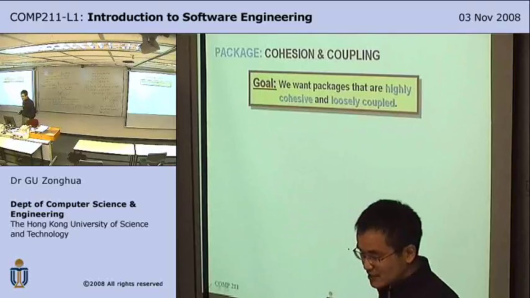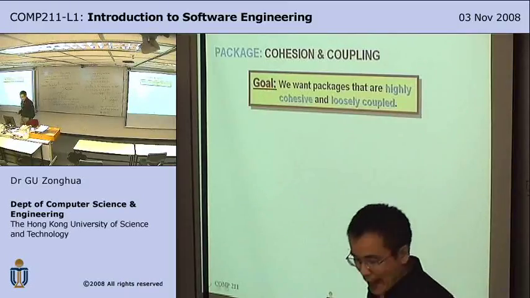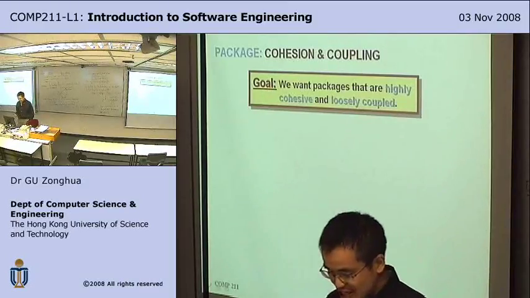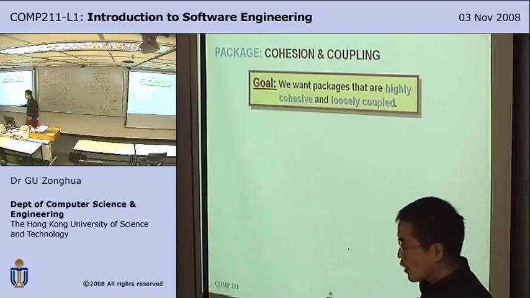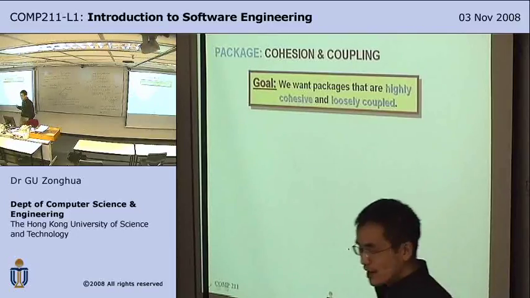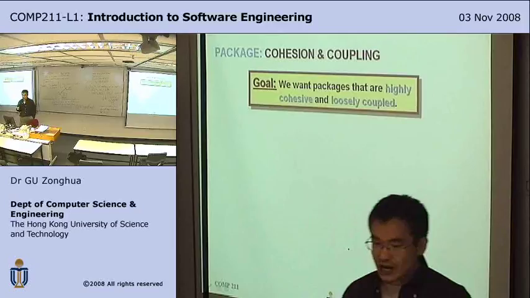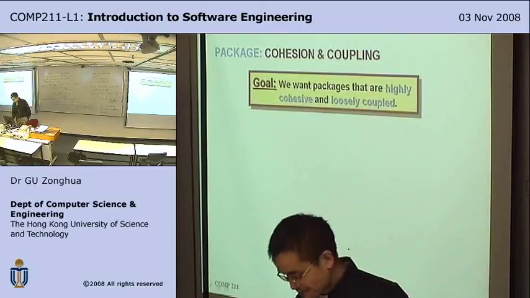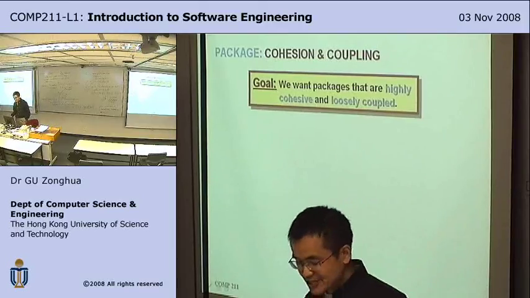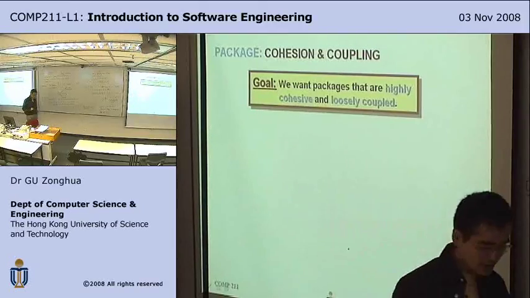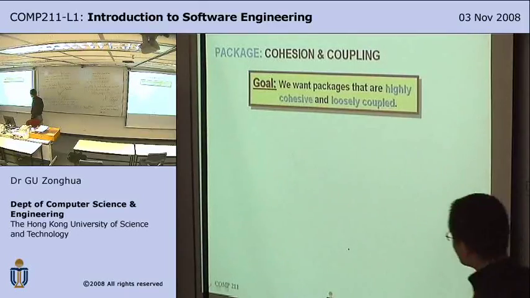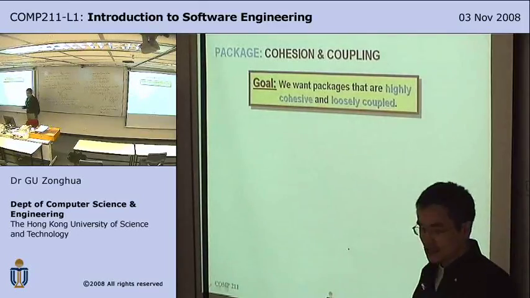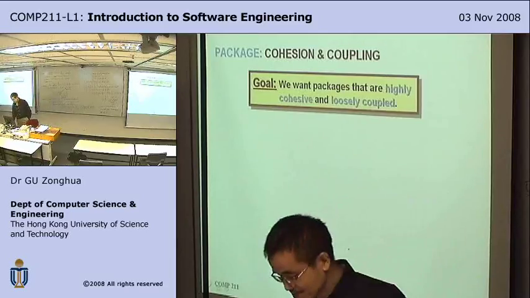Cohesion and coupling: we want packages to be highly cohesive and loosely coupled. These two criteria also apply to components and modules. Analysis packages are eventually likely to be turned into components at the design and implementation level.